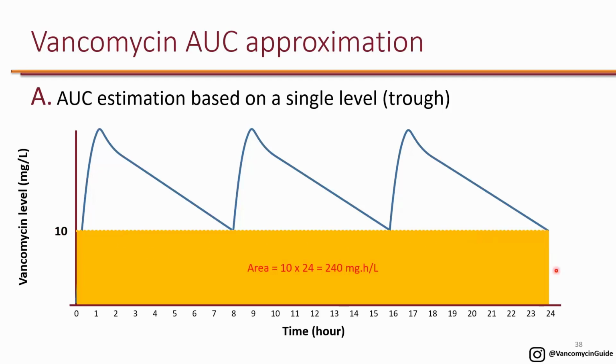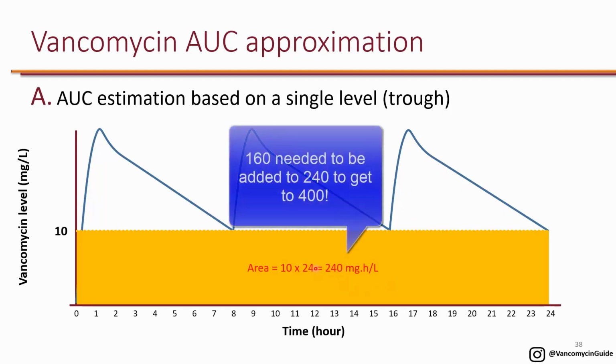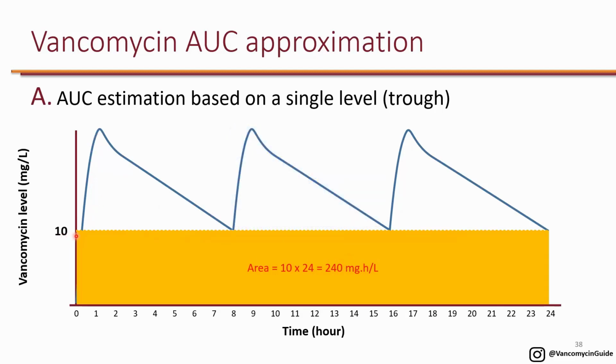Now this highlighted area is at least 240, so we're hoping that all of these areas at the top are at least 160 to add up to 400. So that's where the recommendation of a goal trough of 10 to 15 comes from.